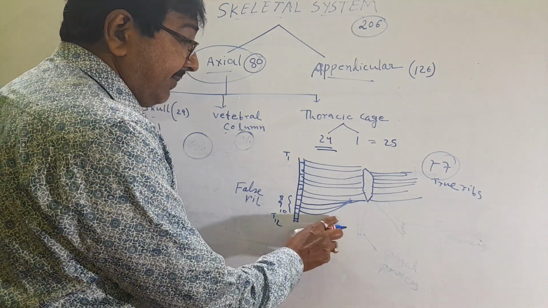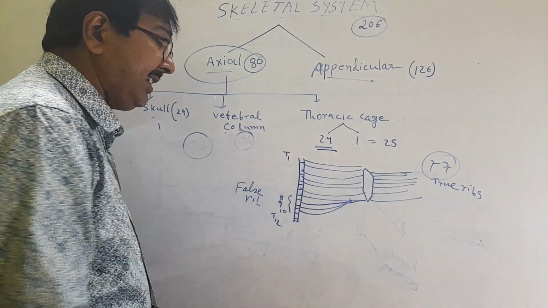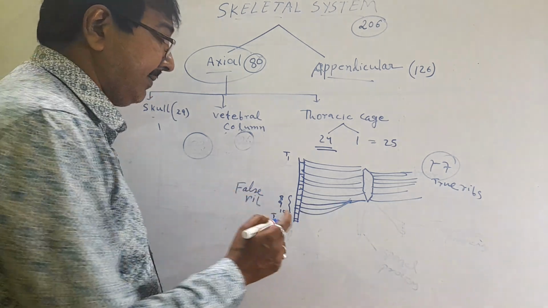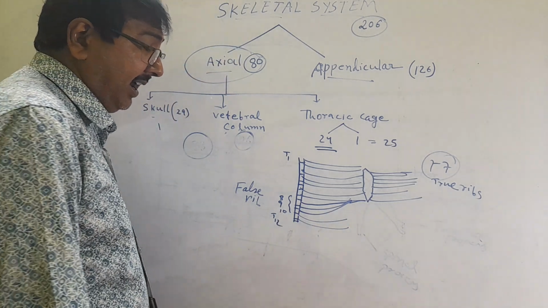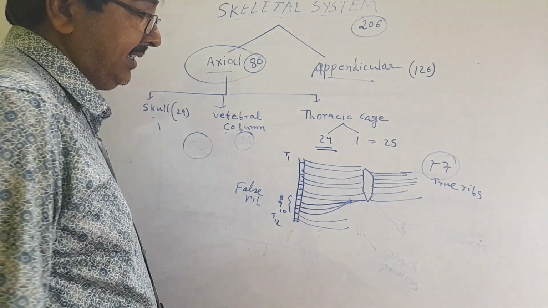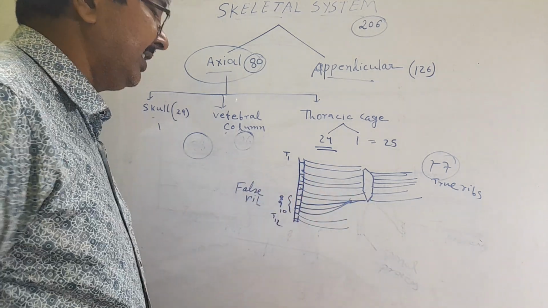They are fused to the 7th ribs with hyaline cartilage. And 11 and 12, these two pairs, are floating ribs. They are not attached to the sternum or to other ribs.